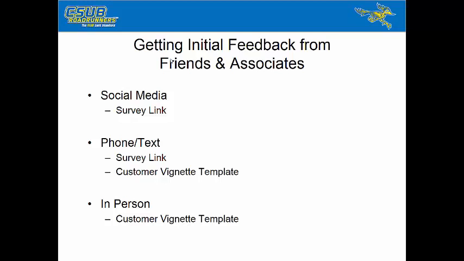So I want you to basically take the survey, take the customer vignette questions, put them into an online survey format, and send a link to those questions, to that survey, to various friends and associates that you know on social media. So they can just click on the link, look at the website, and give you feedback on the survey questions.